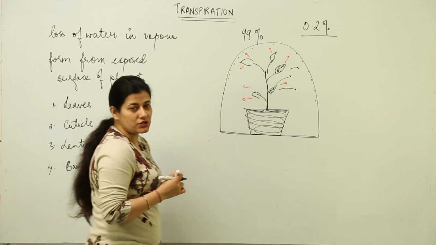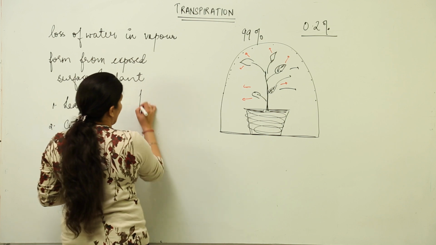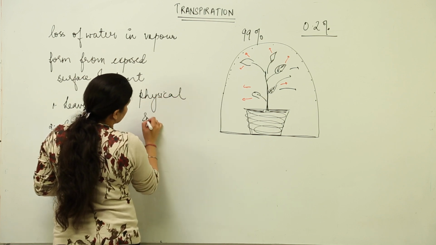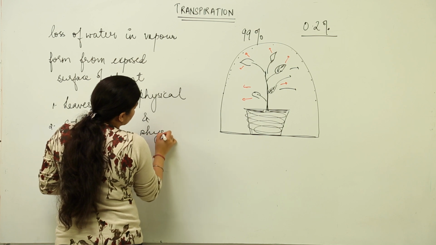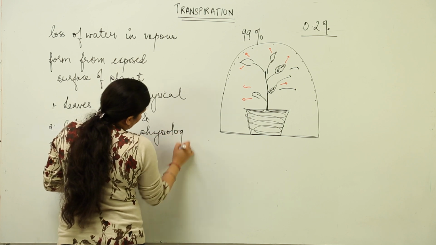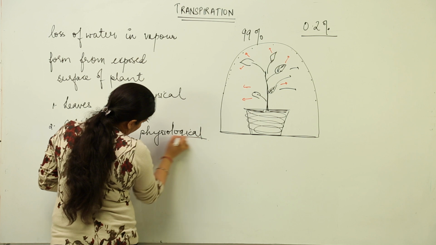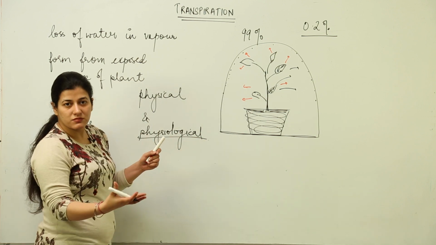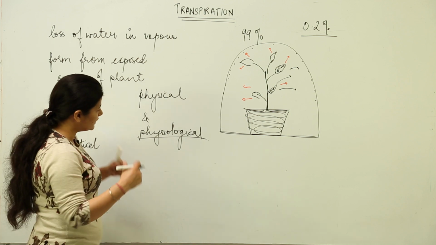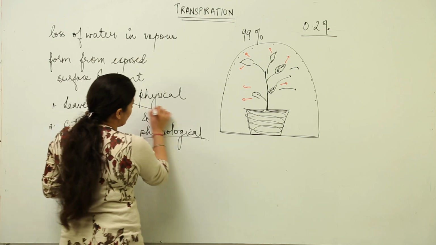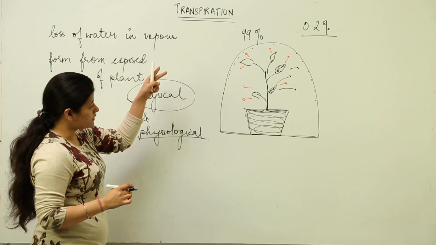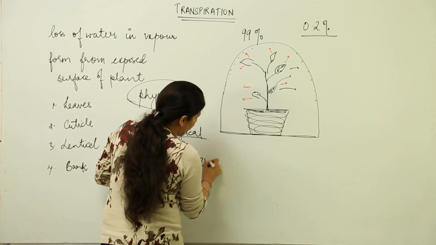Now, this transpiration is both a physical and physiological process. This you have to keep in mind. Physical and physiological process. We get to understand what physiological aspects it is going to have when we study it in terms of the anatomy of a leaf, how it is undertaking this process. When we talk about the physical aspect of the process of transpiration, it is nothing but evaporation.